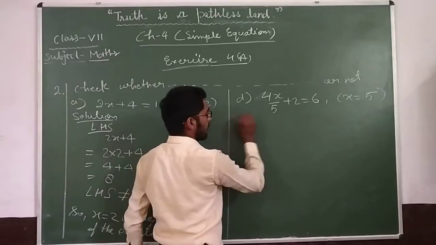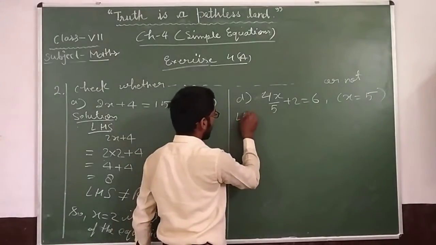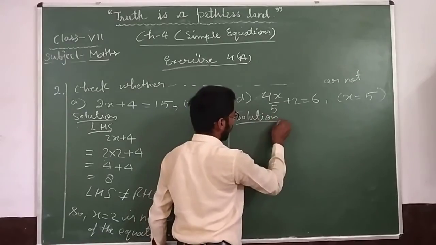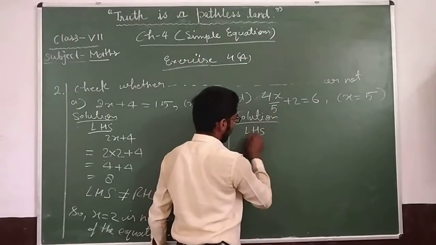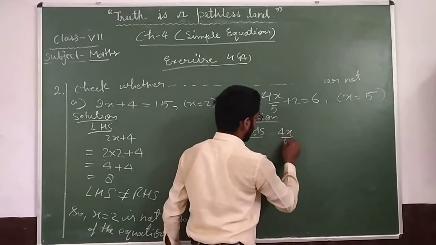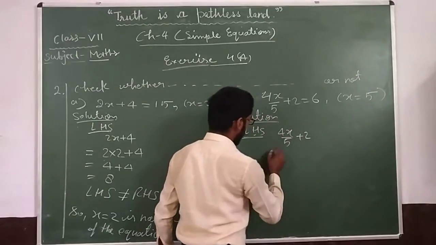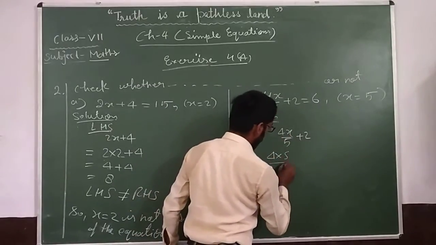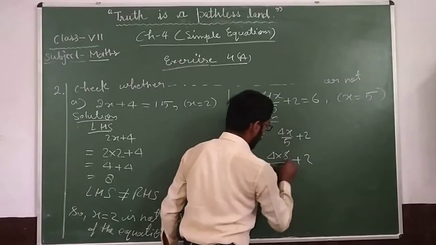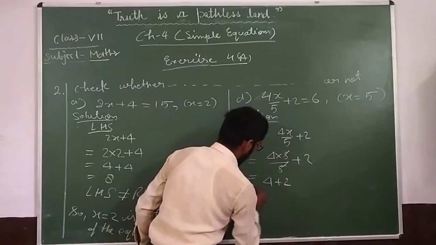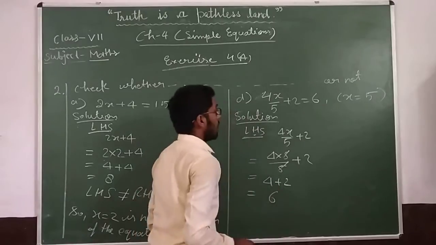Again take LHS. Write the solution. LHS is 4x upon 5 plus 2. Put x as 5: 4 into 5 upon 5 plus 2. The 5s cancel, then you will get 4 plus 2. 4 plus 2 means 6.